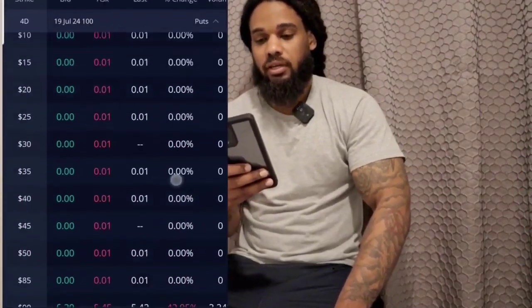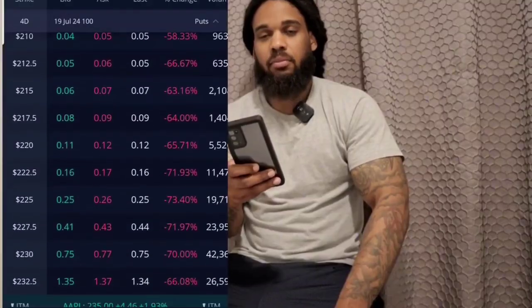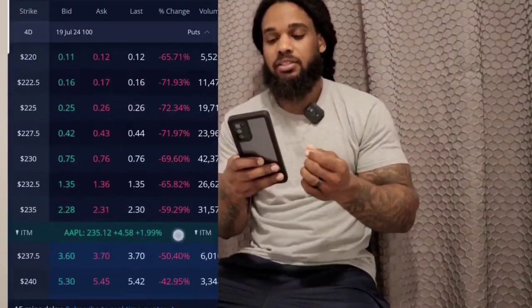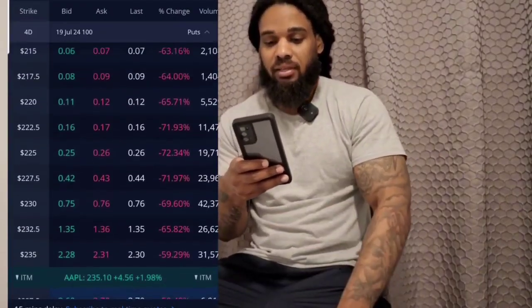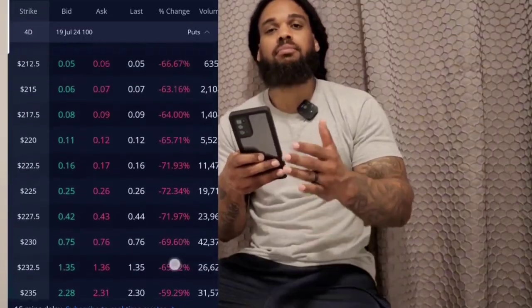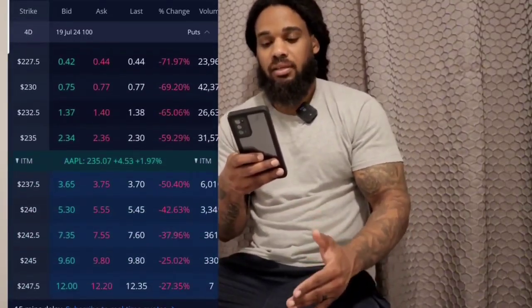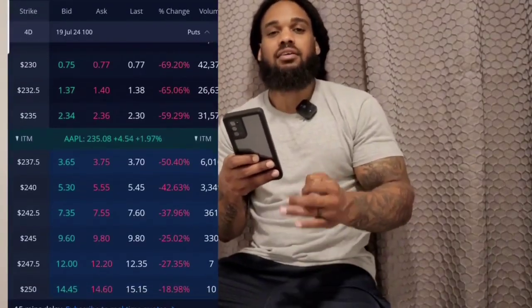So when you look at the different strike prices, you have in the money and out of the money. For puts, in the money is where the strike price is above the current price of the stock, and out of the money is below the current price of the stock.